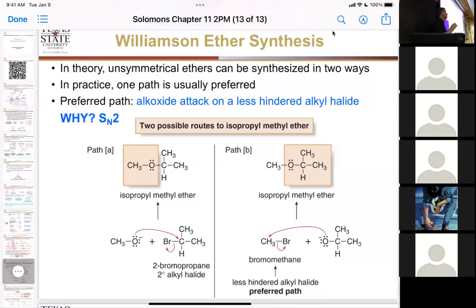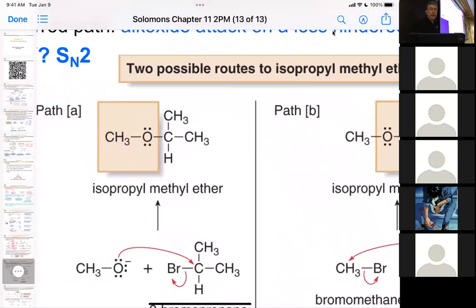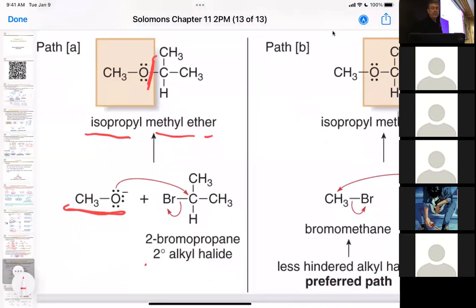That means we have to build our molecule correctly. In this case, if we wanted to make this isopropyl methyl ether, we could do it a couple ways. We could break it here, and so we have a nice small alkoxide, but we have a secondary alkyl halide. We might end up using it as a base instead, right?